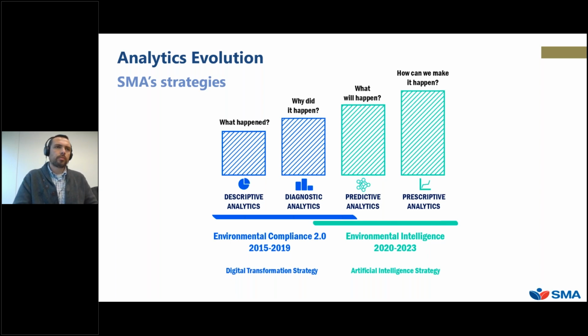We need to develop abilities for predictive and prescriptive analytics. That means to solve questions about the future, to take better decisions. And for this, we are just launching our new strategy called Environmental Intelligence for the next 4 years. And this is based on artificial intelligence techniques.